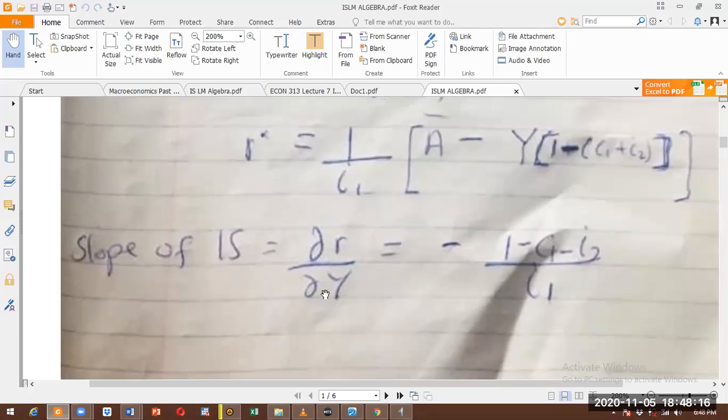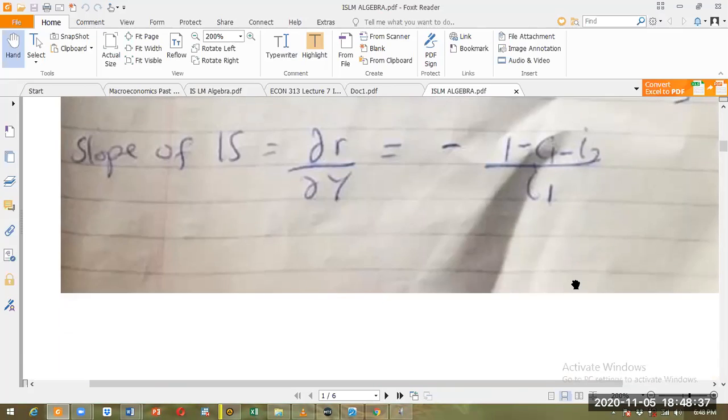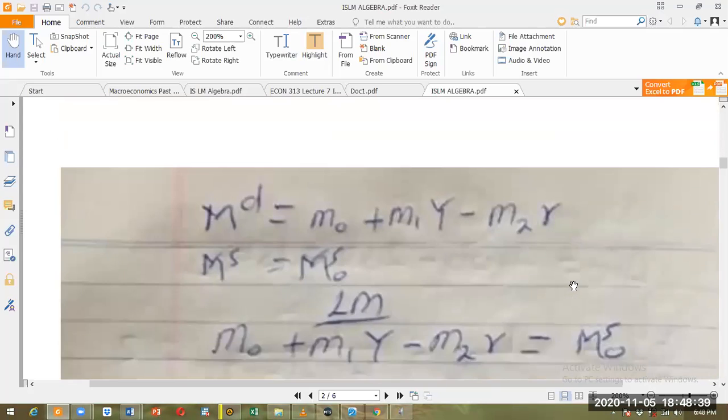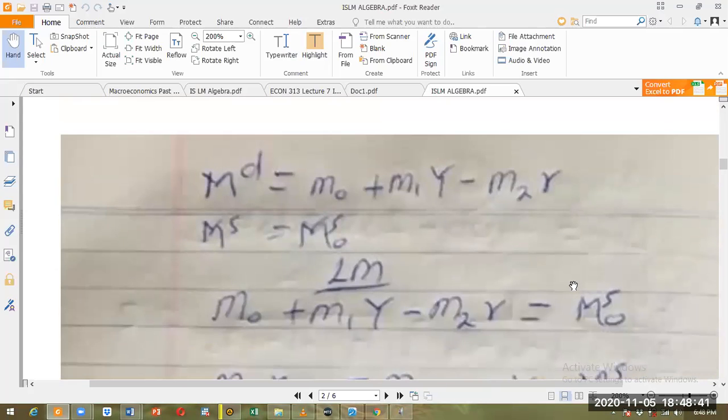Even at times you'll be asked to give an interpretation, so you need to know how to find dR/dY, how to interpret it, and how to use it. We'll look at both in a numerical question. All right, so that is for the IS curve in the goods market.